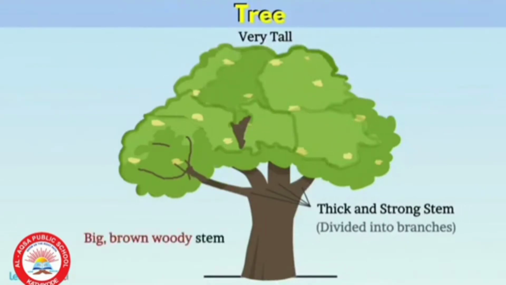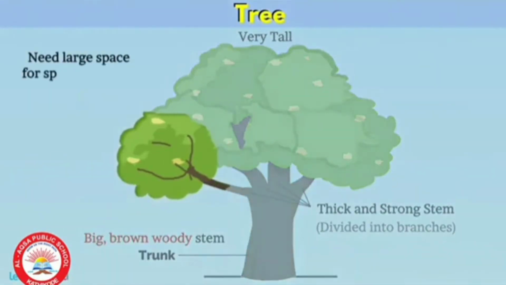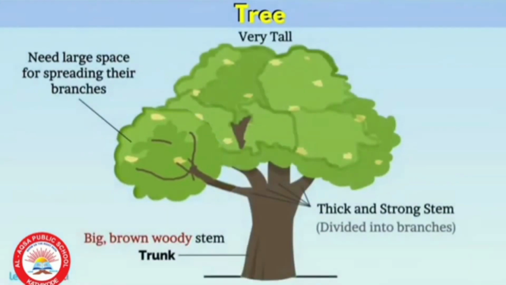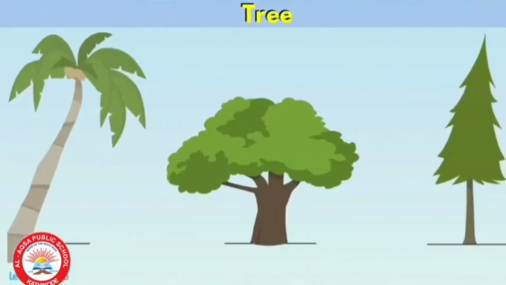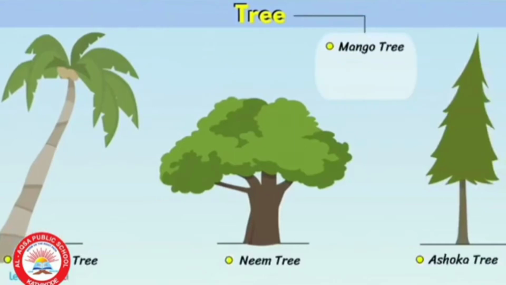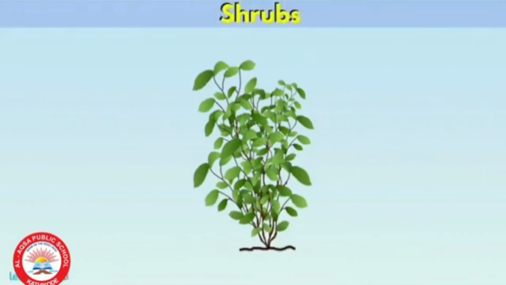They have a big brown woody stem that is known as the trunk, and they need large space for spreading their branches, and they can live for a longer time. Examples: coconut tree, neem tree and ashoka tree, and some other examples are mango tree, pine tree and banyan tree.